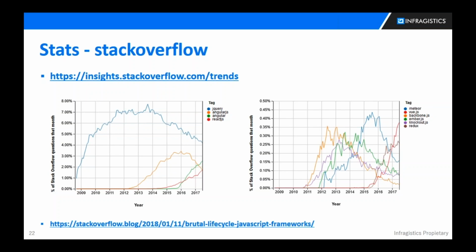A lot of names like Vue, Backbone, Ember, Node.js, and so on. The trend of these small frameworks is pretty significant. You see that some year it was hot, the next year it's suddenly not popular anymore.